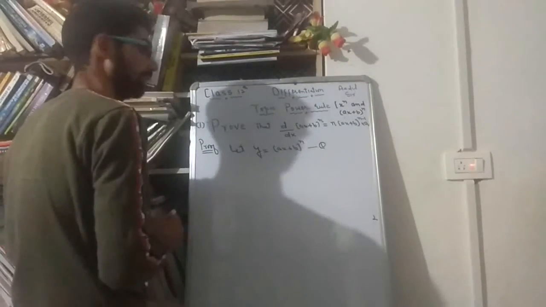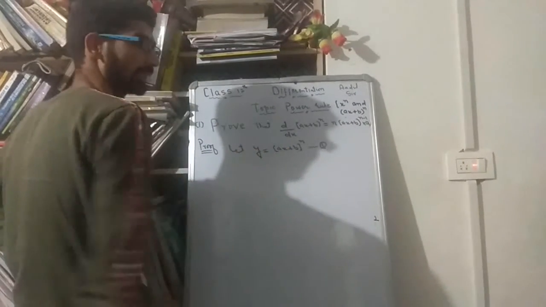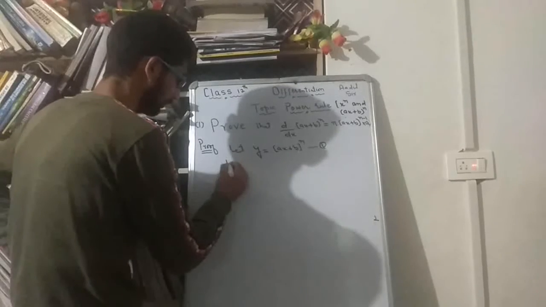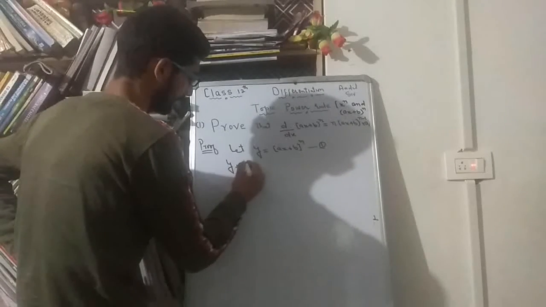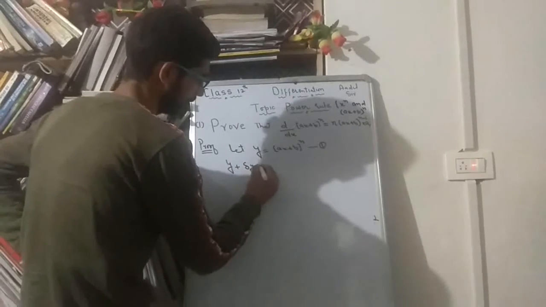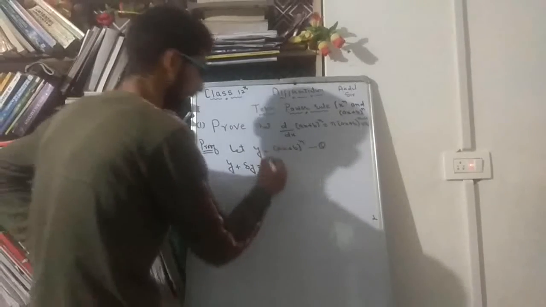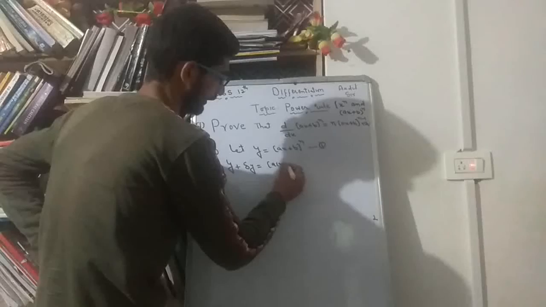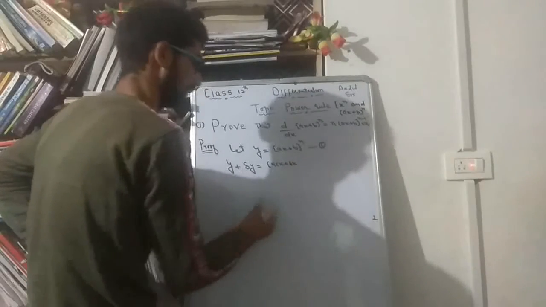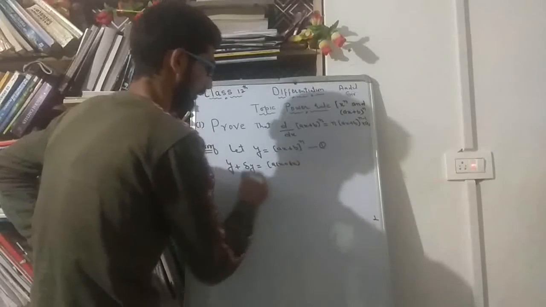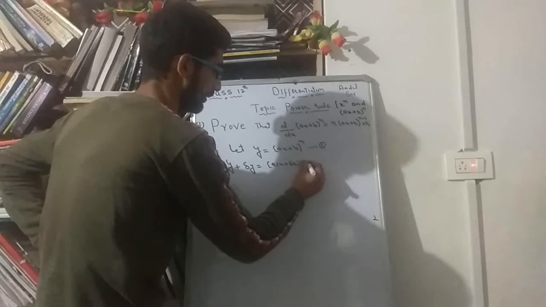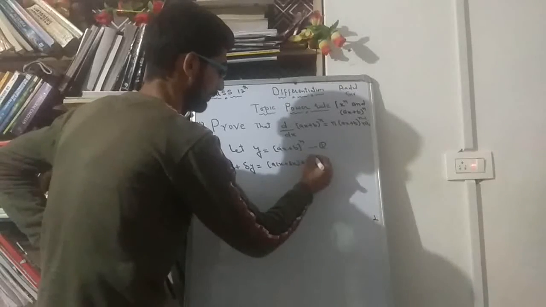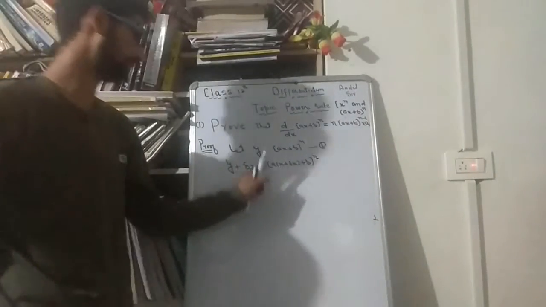Now the second step is to give the increment to both x and y. So we will denote the increment of y as y plus del y equals a (x plus del x) plus b, raised to the power n, and now we will subtract the first from this second.